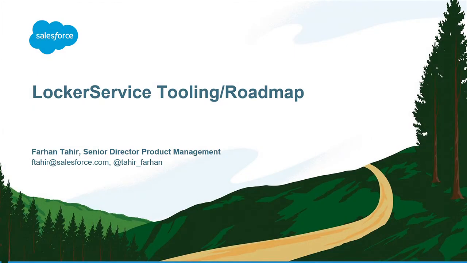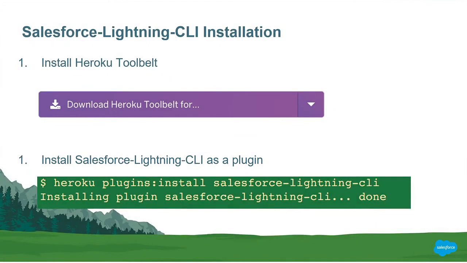Okay, so I'm just going to take a couple more minutes and talk about what we have today for LockerService tooling and what the roadmap looks like for LockerService tooling. So today, I'm pretty sure everybody who's tried to get LockerService compliance has seen the LockerService Lightning CLI. It's a Heroku toolbelt command line tool.